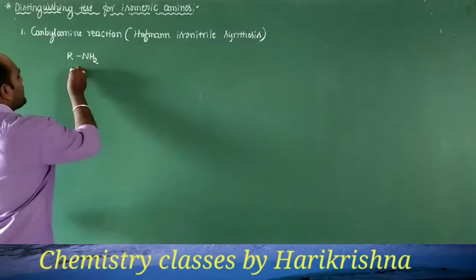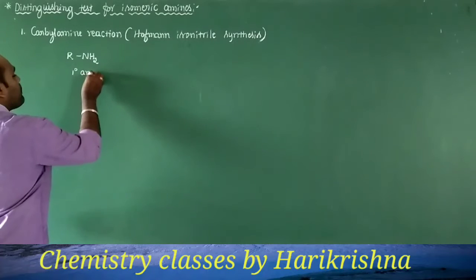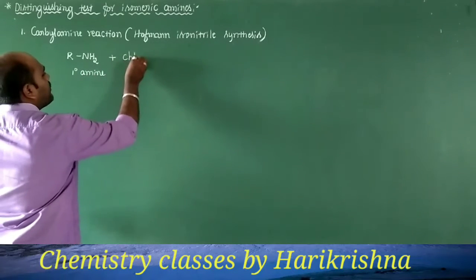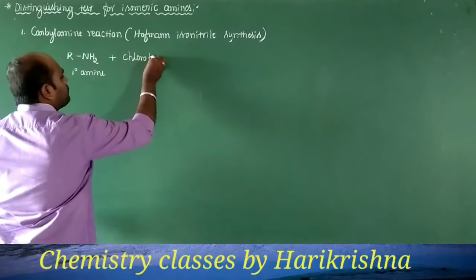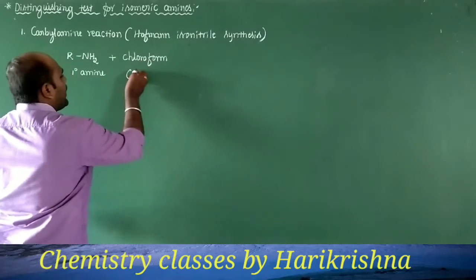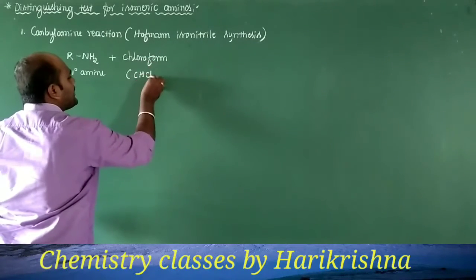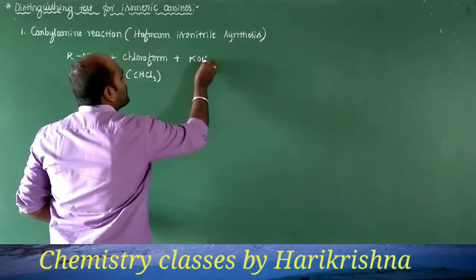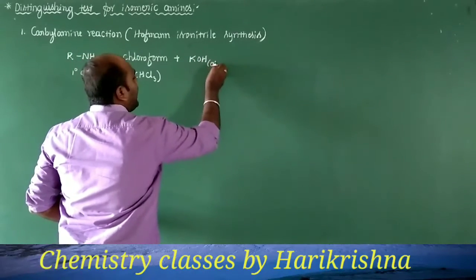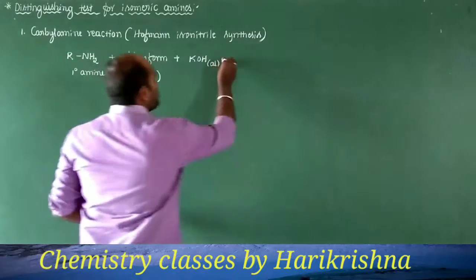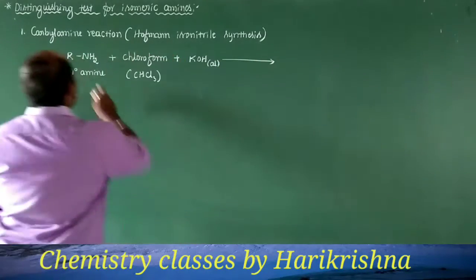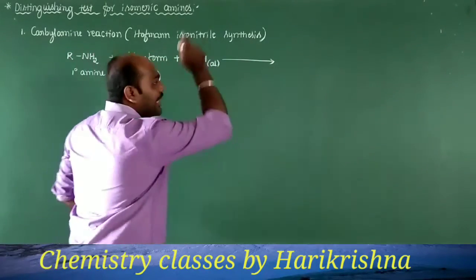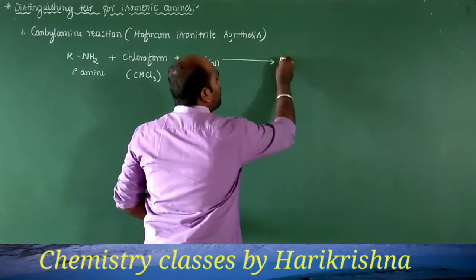This primary amine is reacted with chloroform, which has the formula CHCl3, along with potassium hydroxide prepared in alcoholic medium.